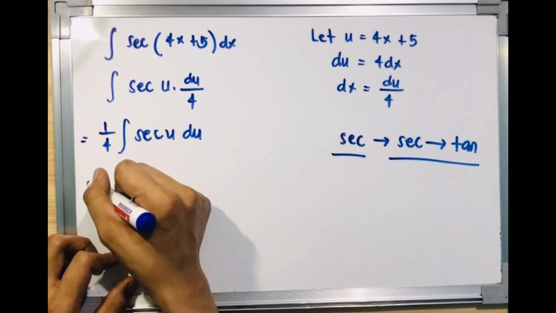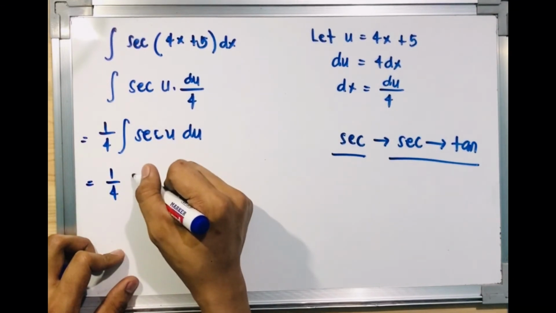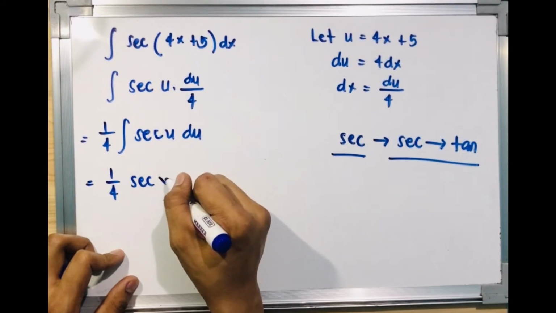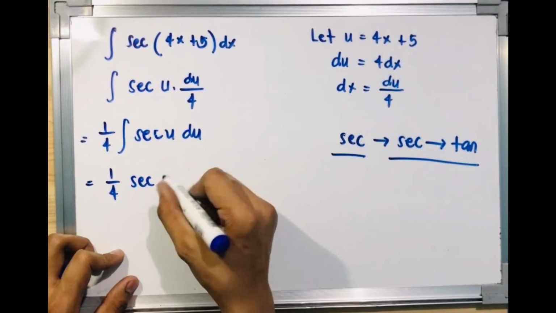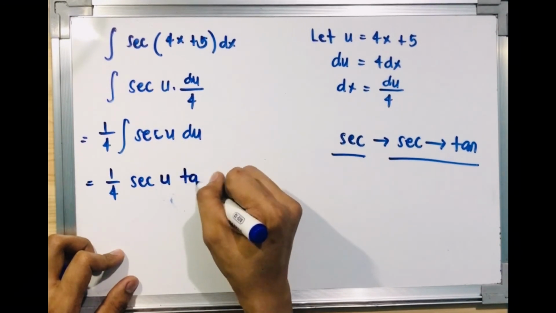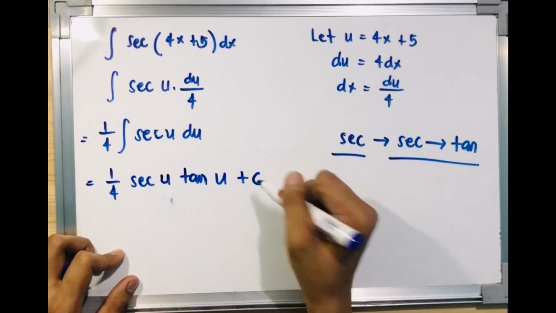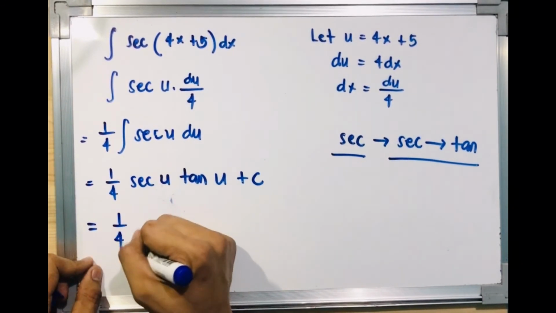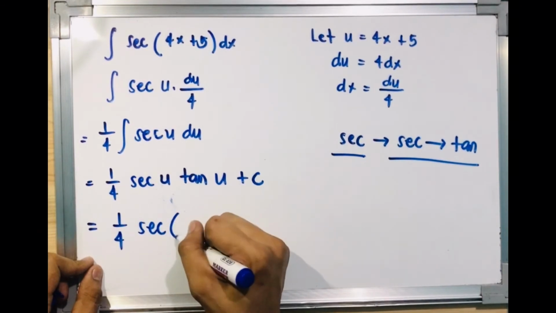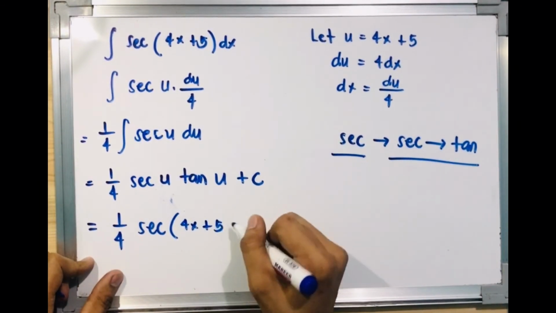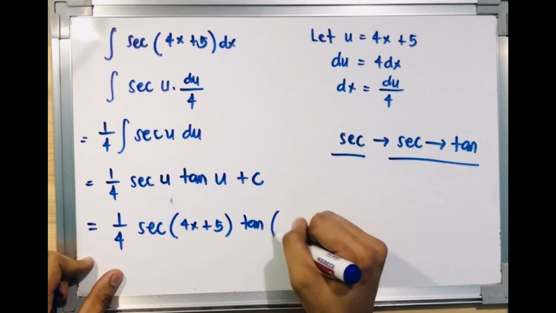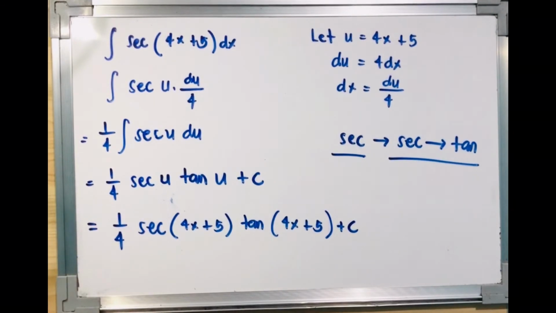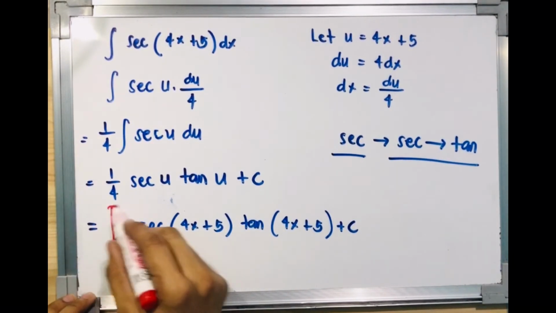So, the final answer for this problem is 1/4 secant u plus c. Pero kailangan natin ibalik yung value ng u. Therefore, our final answer is 1/4 secant of 4x plus 5 plus c. So, this is the final answer to this problem.